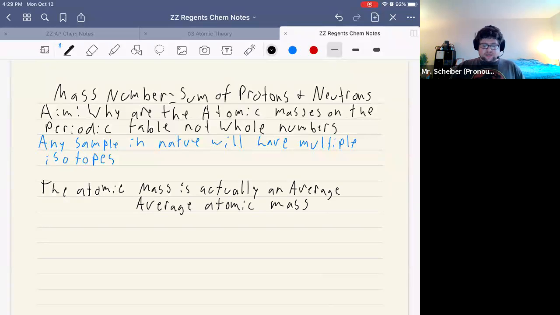And the thing about the average atomic mass is that this is a weighted average. A little bit different than a regular average.